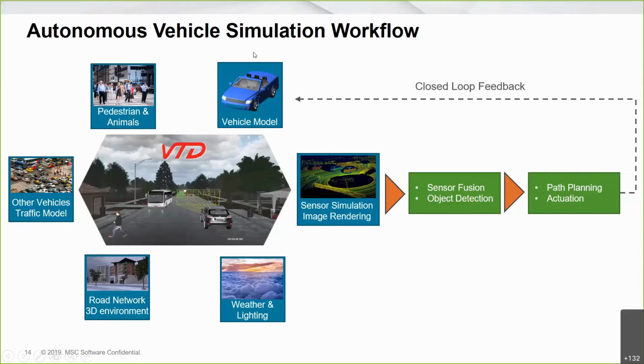That's actually a very important element, because when you are driving the vehicle on a straight line on the highway, you probably don't need a very sophisticated or complicated vehicle model. And we have embedded vehicle models inside VTD that can handle that very well. But if you're driving the vehicle, for example, on the Belgian road, on a rough road, or over a speed bump, then those are going to change the way the vehicle behaves.